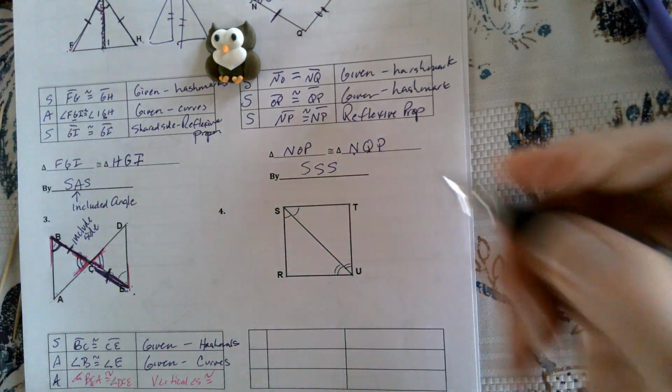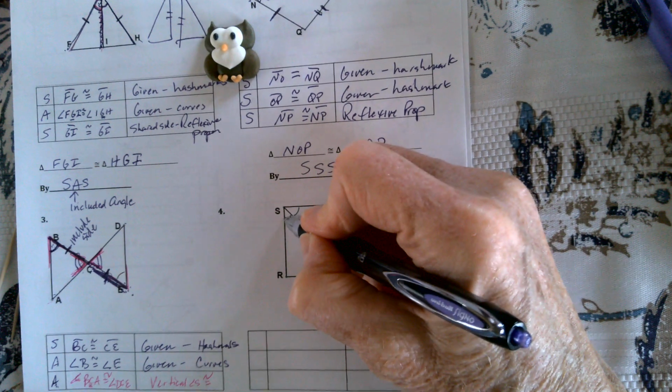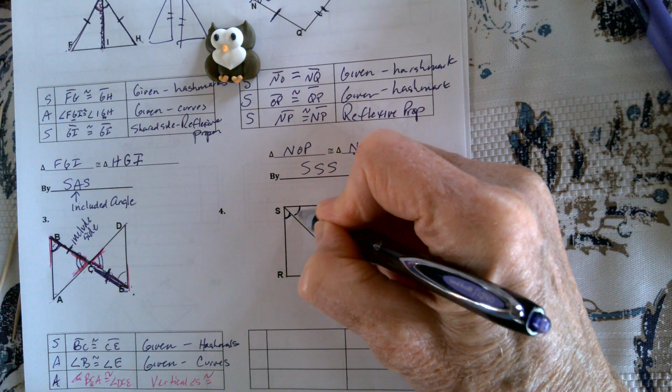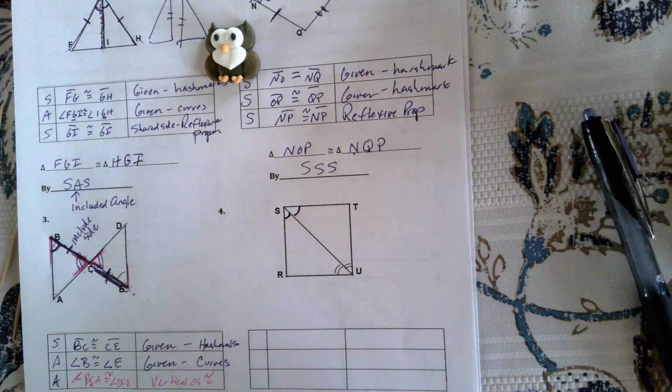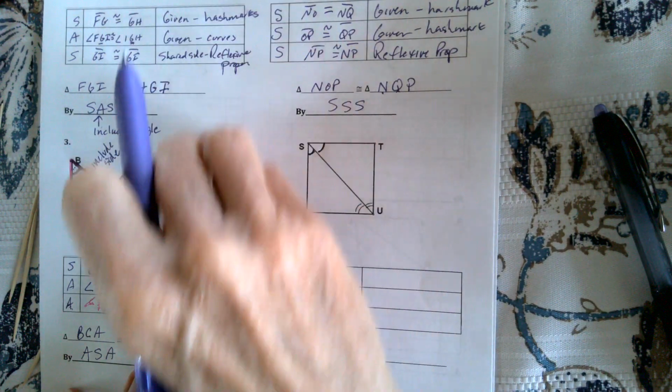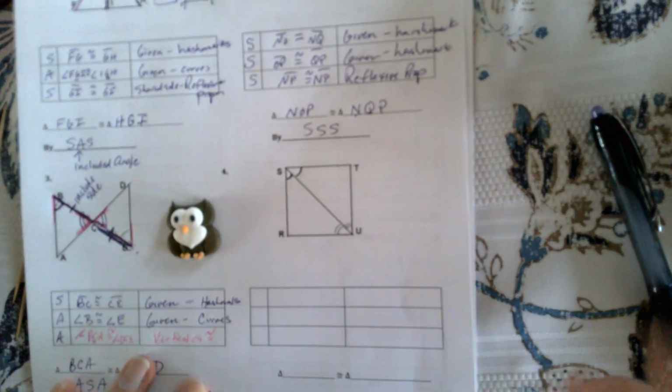Okay, let's do this. This one I have no sides marked, but I have this angle congruent to this angle. We're going to have to do just like I was telling you. There's more than one angle at that vertex. So when we do it, we have to use three letters to name it.